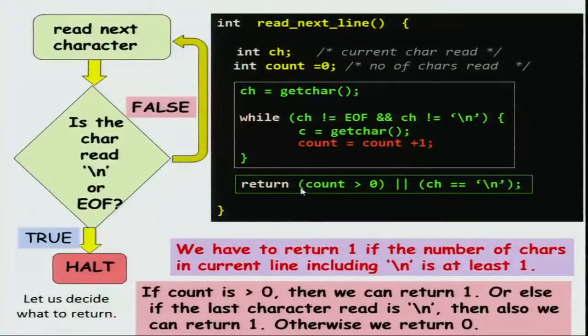Okay. So, what we have to do is return count greater than 0. This tells you how many non new line, non end of file characters have been entered. So, this should be at least 1, or there is exactly one character entered which is a new line. Okay. In either of these cases we will return a 1, otherwise we will return a 0.